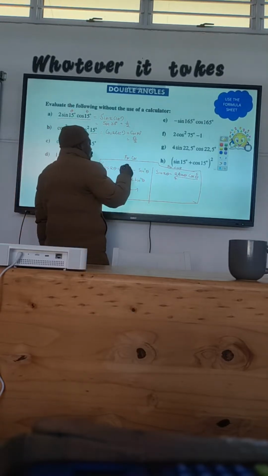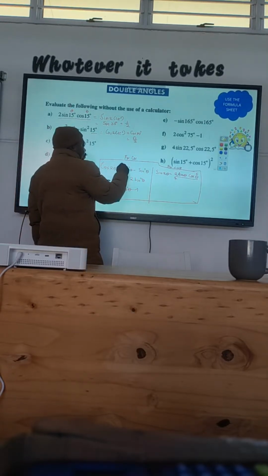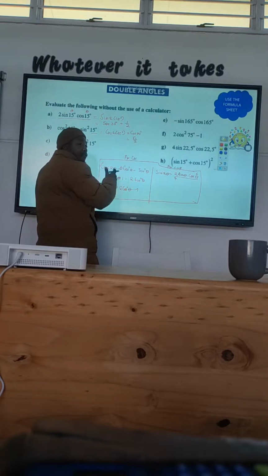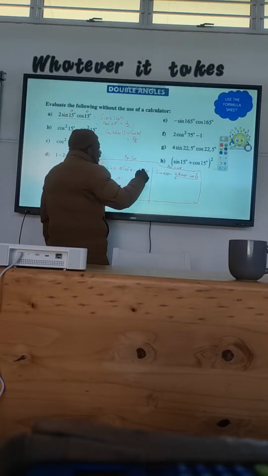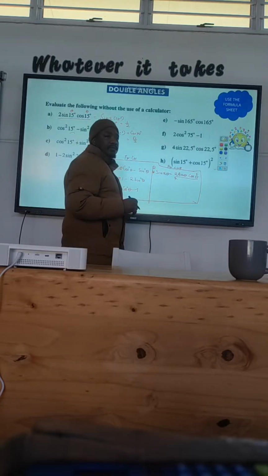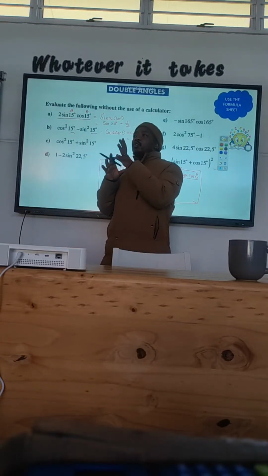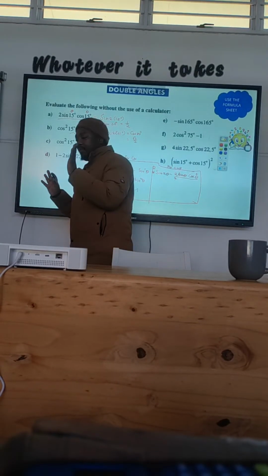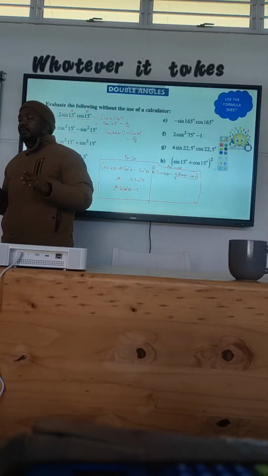You have 3 options for cos. But for sine, there's only just 1. So once you see a combination of sine and cos, you know it's the sine double angle. Okay?